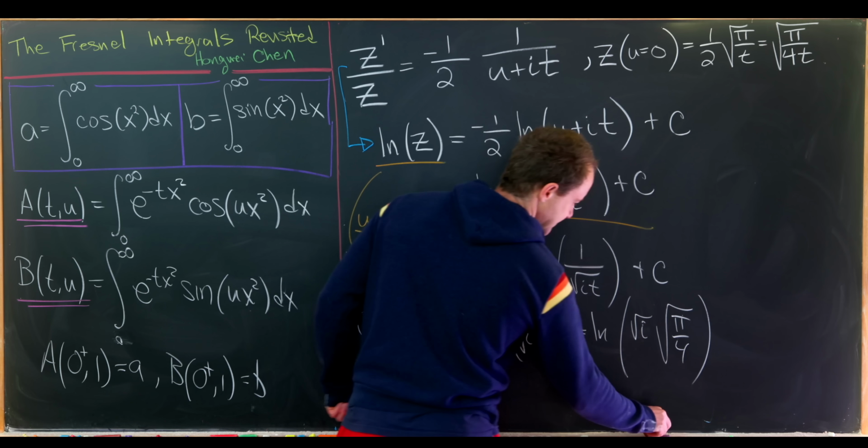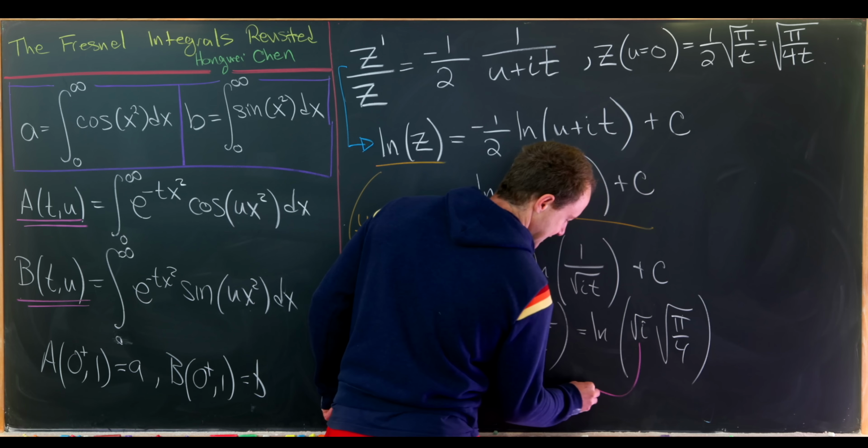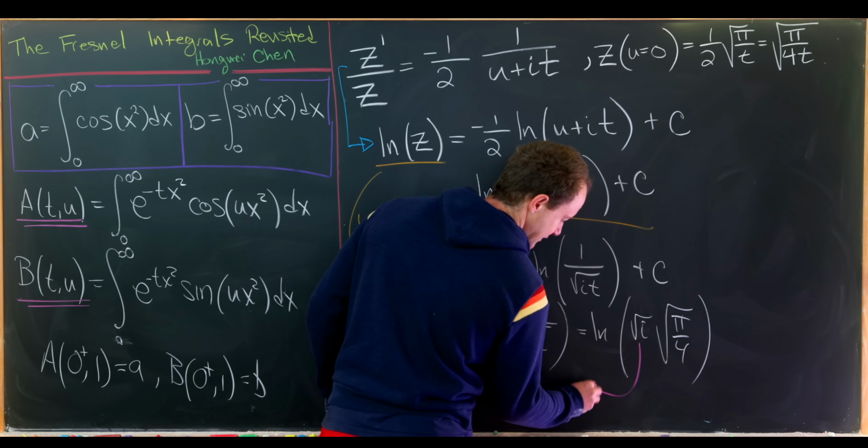Then next up, let's recall what the square root of I is, which I think we've calculated on the channel before, but it's a really popular math YouTube problem, so you can probably find a derivation of that if you need to. The square root of I is indeed 1 plus I over the square root of 2.